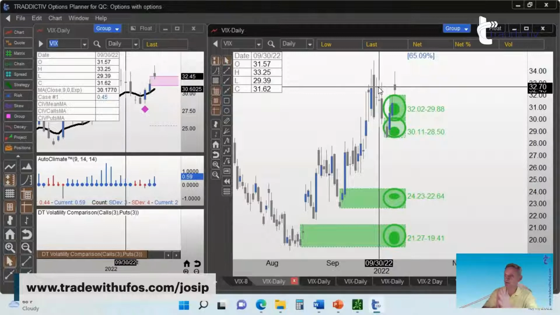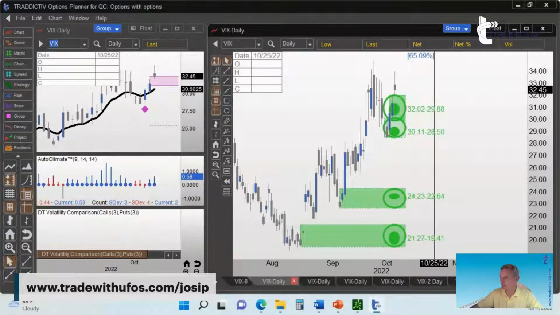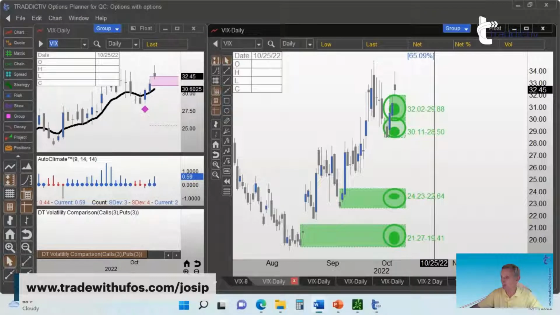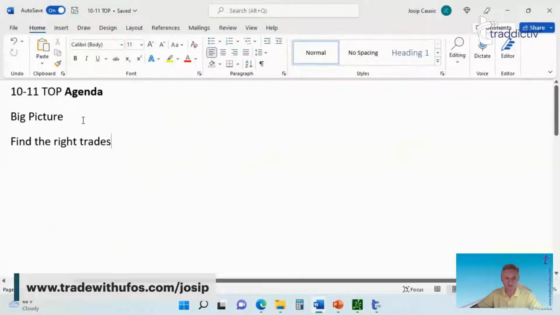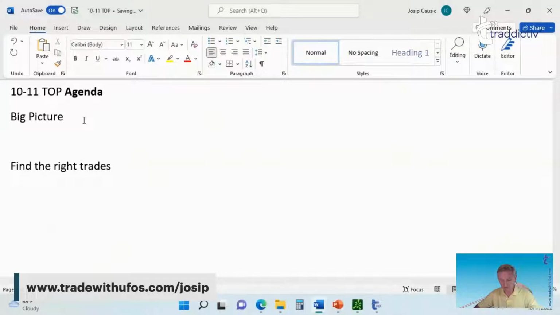So the simple concept: if the VIX low is 19 and the high is now 33, then being a seller makes more sense. So let me now put this back inside the agenda here, because the big picture is something that you should do every day, so you get the feel for it.